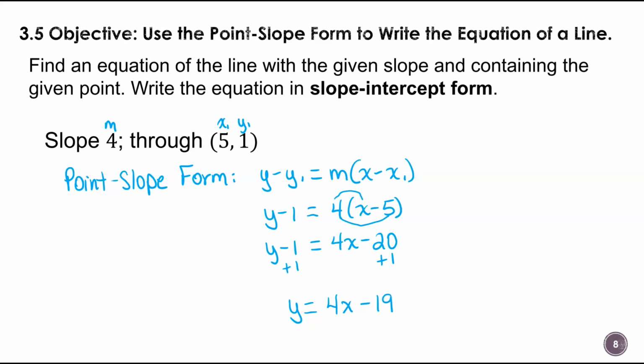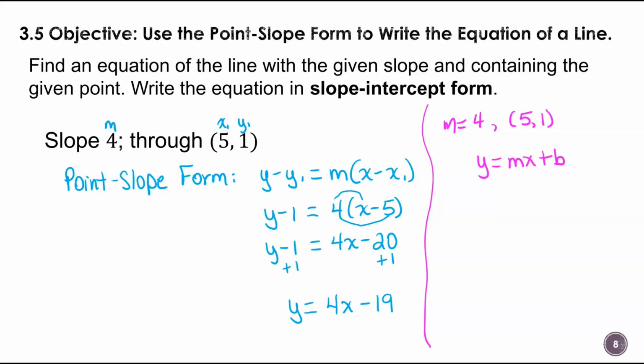Now, there are other ways to write the equation of a line. You can use slope-intercept, y equals mx plus b, in another way. I'm going to show you that on this first question, but mostly I'm going to use point slope. If I were going to work this one out with slope-intercept, I would take this equation and substitute for the y, the m, and the x, and find the b.